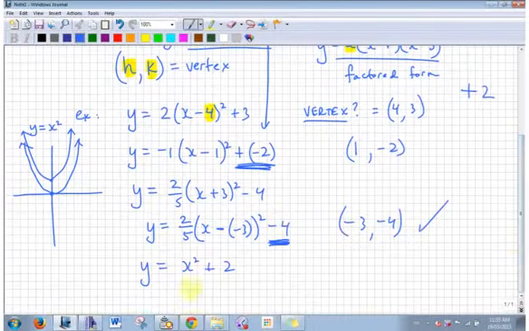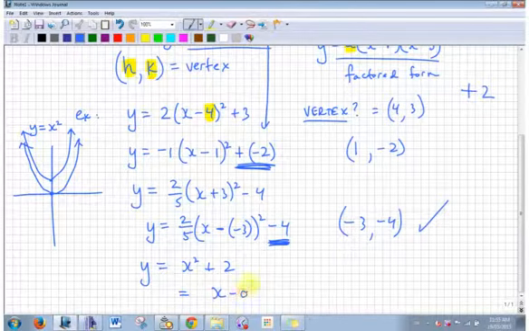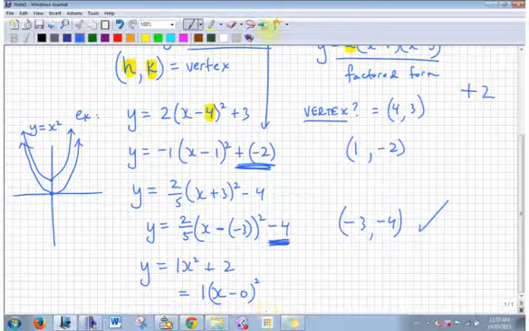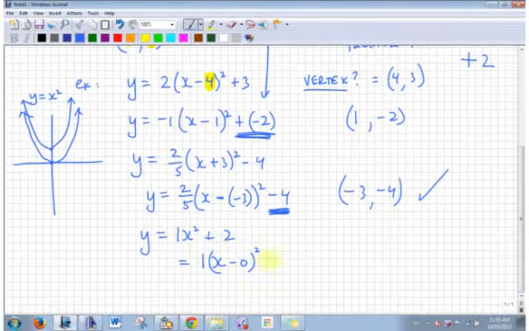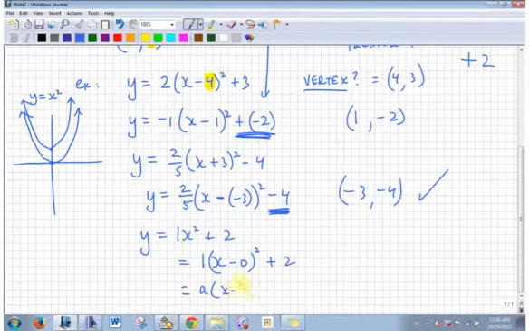But I could write this like this, right? I could go x minus 0 squared. What's a here? It's just a 1, right? And then I got plus 2. So again, x minus h squared plus k.